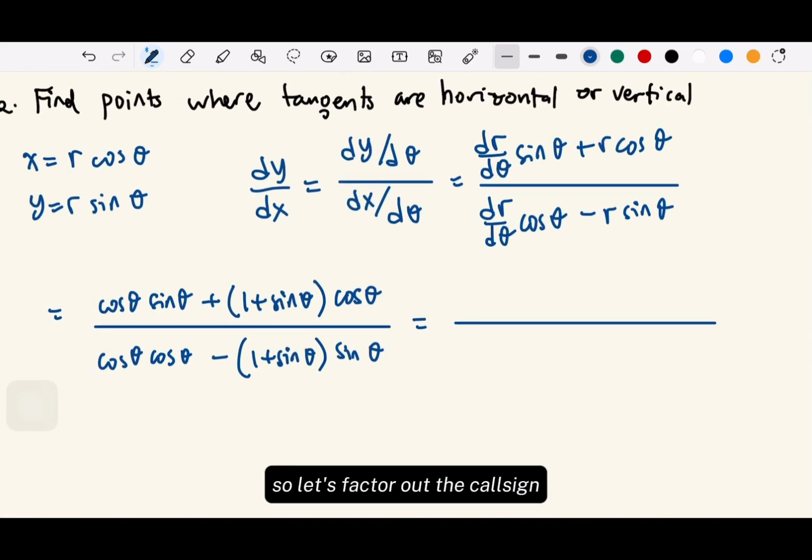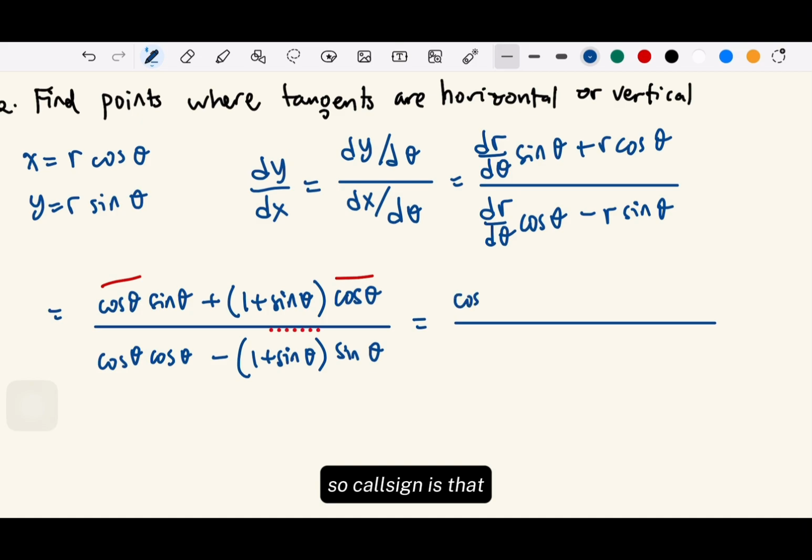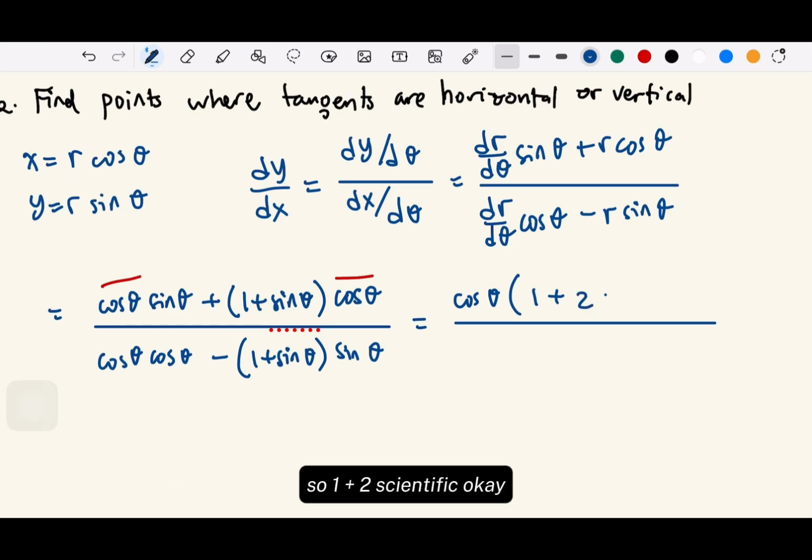Let's factor out the cosine. So cosine theta times sine theta plus 1 plus sine theta. So 1 plus 2 sine theta, right? So 1 plus 2 sine theta, okay?